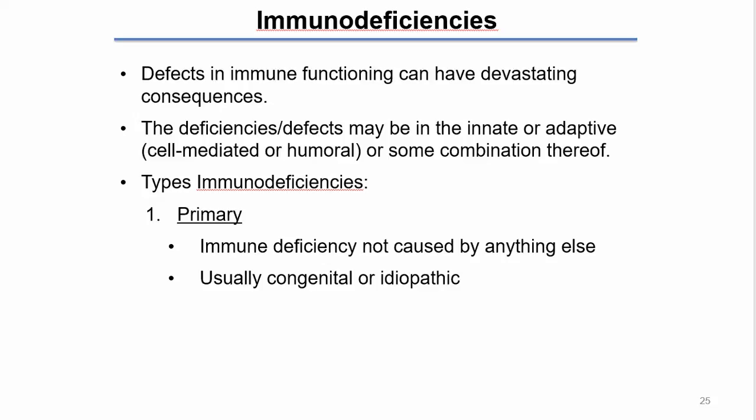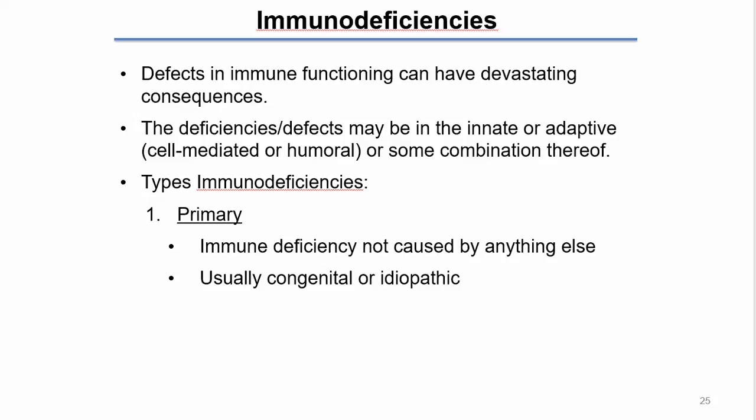The immunodeficiencies are when the immune system can't do its job. There's not enough, there's some sort of a defect, and the immune system can't do what it's supposed to do. There can be real bad consequences to this. Infections can really take over.